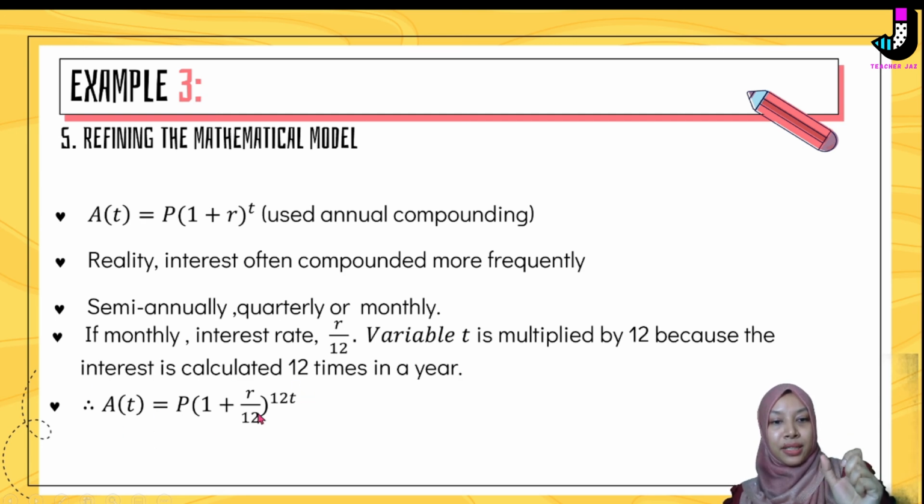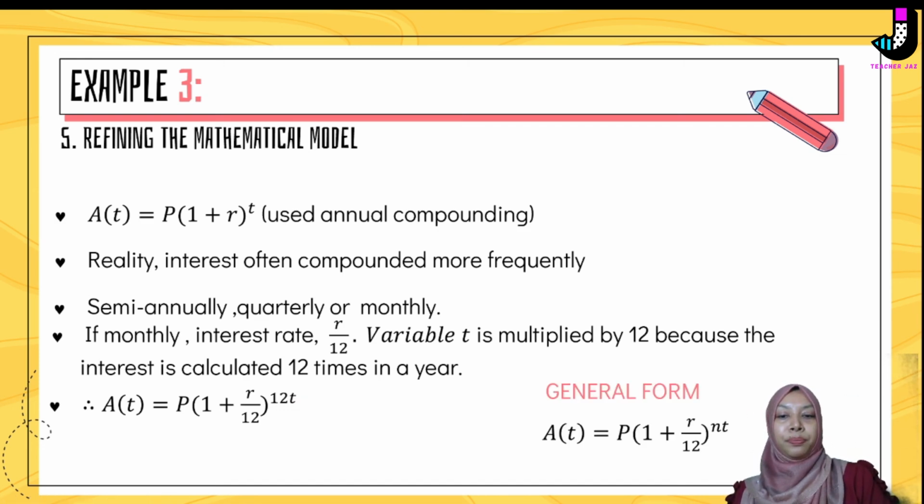So here this mathematical model might be like this. The total savings for T years might be P in a bracket 1 plus R over 12, to the power of 12T. Okay, this one is if it is monthly. Sebab tu dia divide 12, yang ni pun darab 12. Sebab dalam setahun tu dapat 12 kali. 12 kali lah kena darab dengan tahun tu.